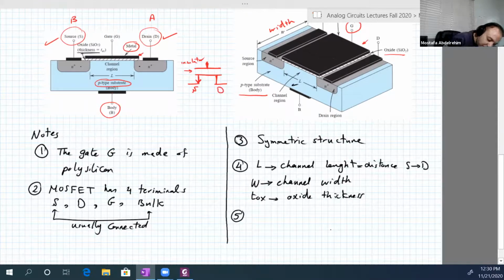So we have the gate terminal, the gate itself, insulator, then the P-type substrate, then the source, then the drain. And they put at the source an arrow like this. This is the symbol.